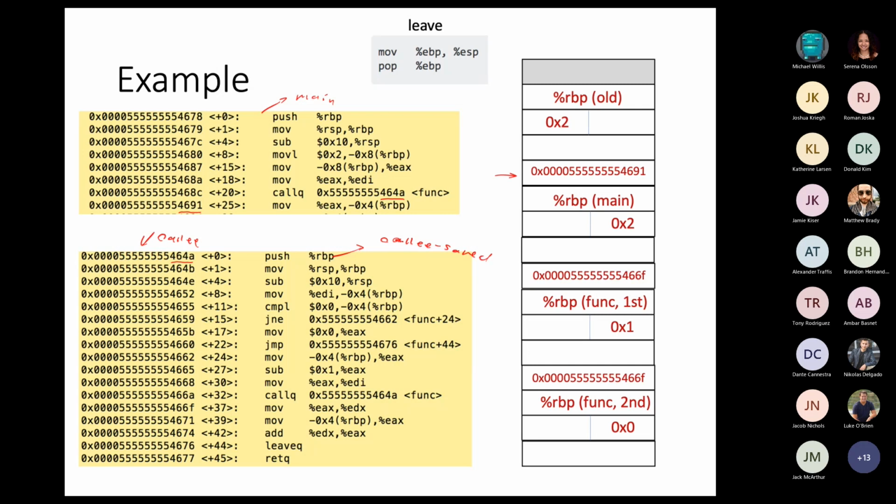This is the routine to set up the callee's base pointer. And then here we subtract 10 from RSP. So we can note here our RSP was here.